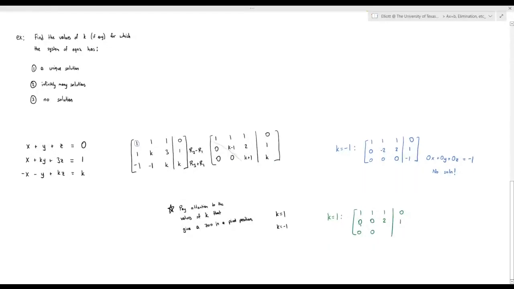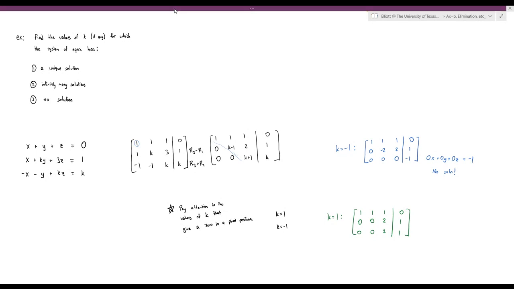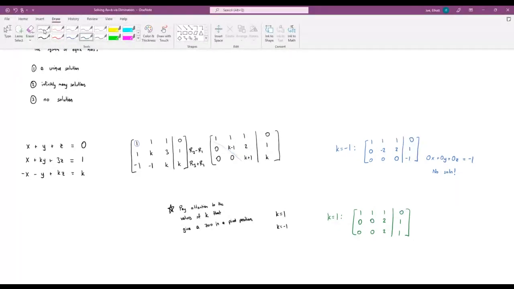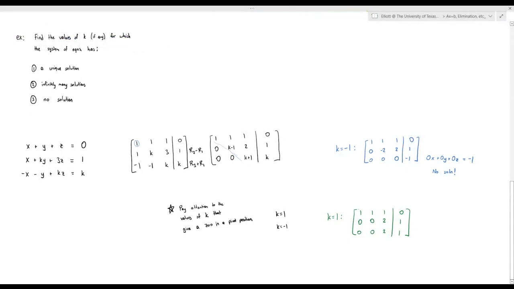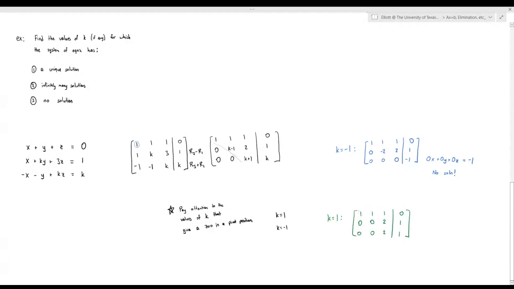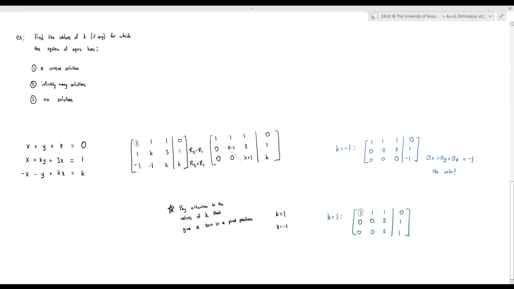Now down here, if k is 1, you have 2 and 1 remaining here. So in this case, you again only have 2 pivots. A pivot here, and then I guess the next pivot would actually be this 2, since you don't have anything over here.